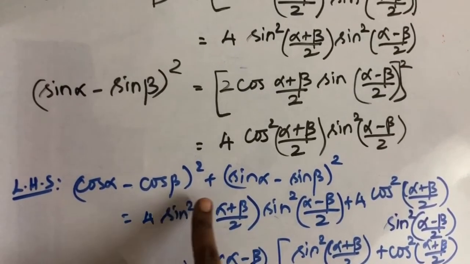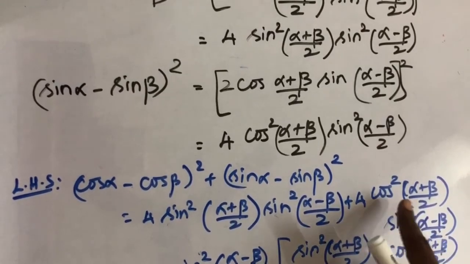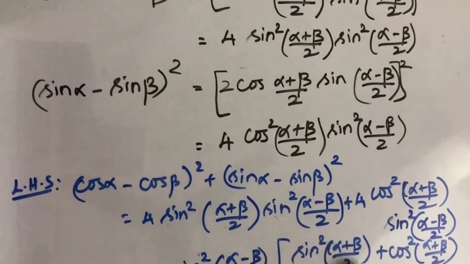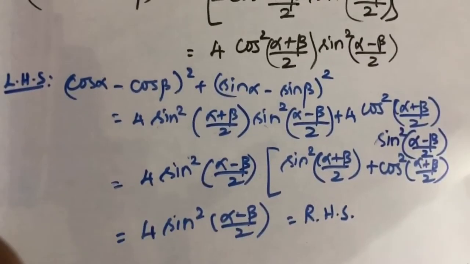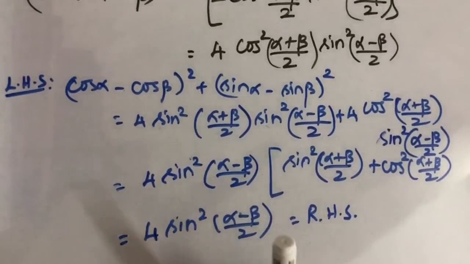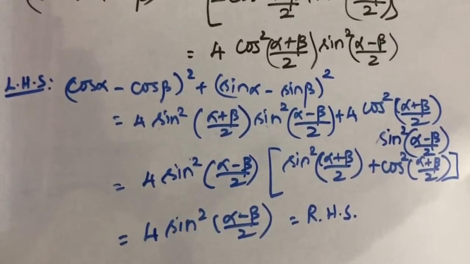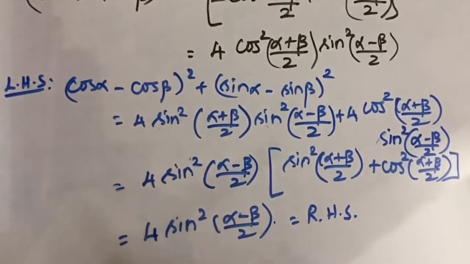Then here sin square alpha plus beta by 2 and here cos square alpha plus beta by 2. We know sin square theta plus cos square theta is equal to 1. So, the expression inside the bracket is equal to 1. So, 4 sin square alpha minus beta by 2 into 1, and that is our right hand side. That is what we have to prove.